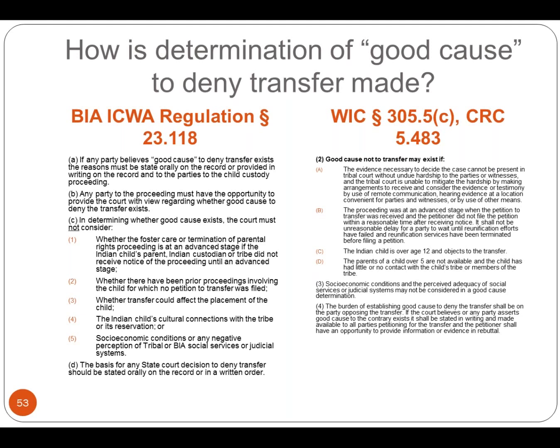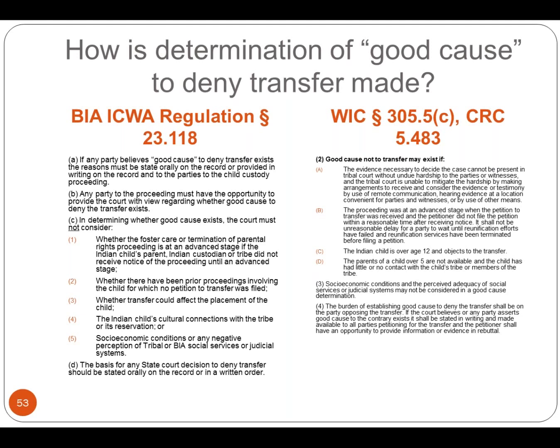Whether or not the proceeding is at an advanced stage, if the Indian child's parent, custodian, or tribe did not receive notice of the proceeding until an advanced stage, whether there have been prior proceedings involving the child for which no petition to transfer was filed, whether transfer could affect the placement of the child, the Indian child's cultural connections with the tribe or its reservation, or the socioeconomic conditions or any negative perception of the tribal or BIA social services or judicial systems. None of these can be a basis for a good cause determination.